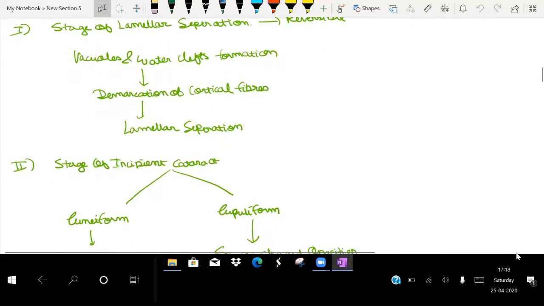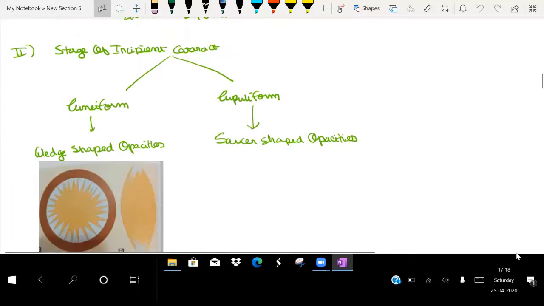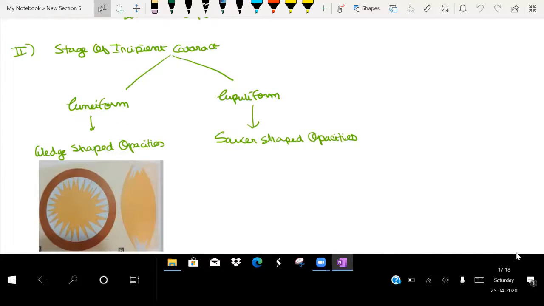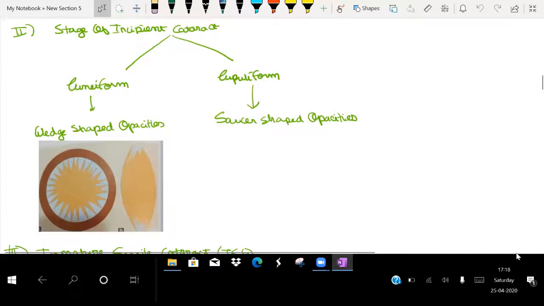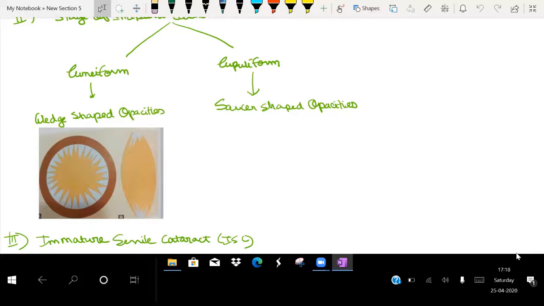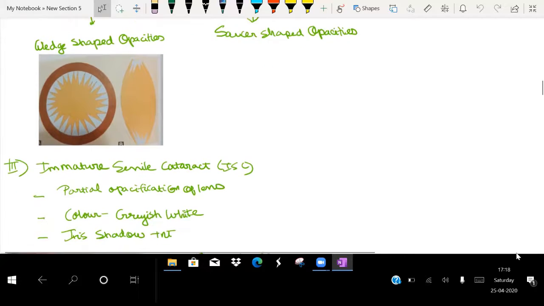The second stage is the stage of incipient cataract, which can be classified as cuneiform and cupuliform type. In the cuneiform, we can see wedge-shaped opacities, while in cupuliform, we can see saucer-shaped opacities.